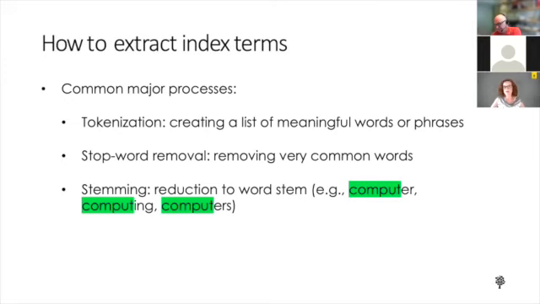Stop words are words which don't carry a lot of semantic meaning, so those words that don't really tell us a lot about what the text is about, like conjunctions, determiners, and so on. And then we're left usually with nouns, adjectives, and verbs, which usually carry some content.